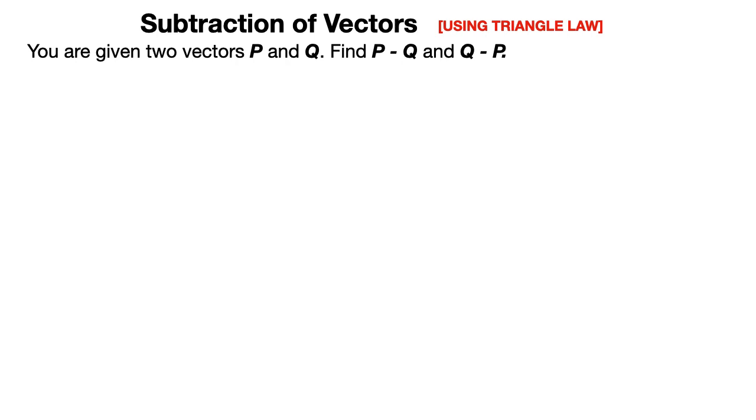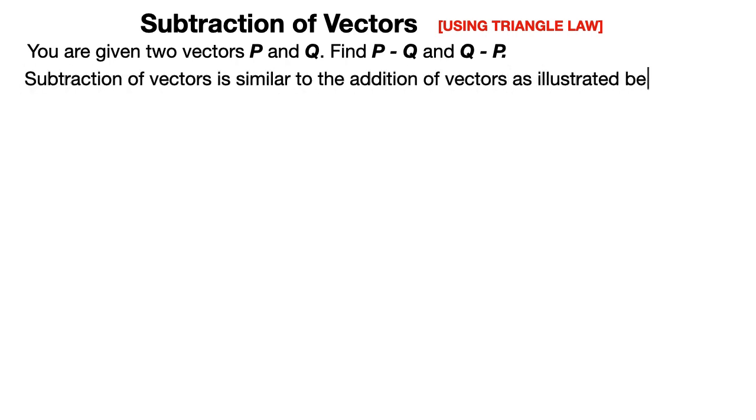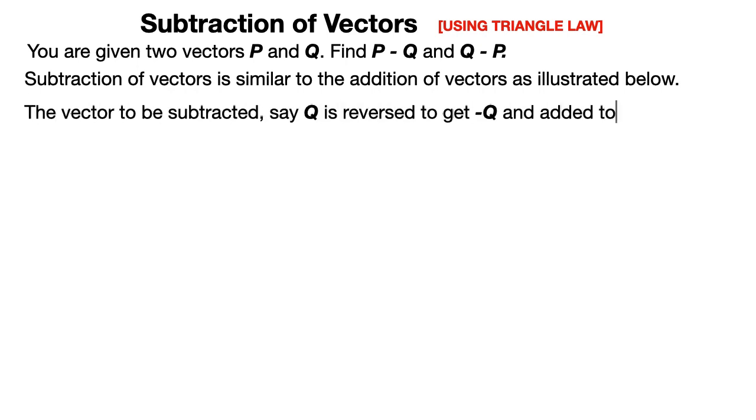One of these is explained here. The subtraction of vectors is similar to addition of vectors as illustrated. The vector to be subtracted, that is Q, is reversed to get minus Q, and we add minus Q to P to get P minus Q.